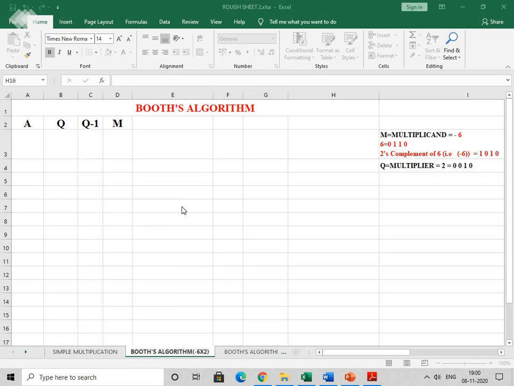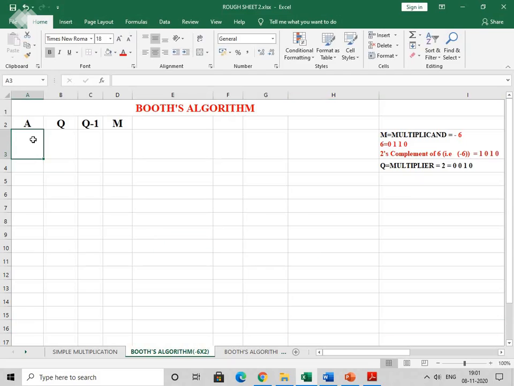So -6: 6 equivalent binary value is 0110, and 2's complement of 6, that is -6, is 1010. While solving the numerical, we are going to consider this 2's complement of 6, right? And in the multiplier Q, 2 binary equivalent is 0010.